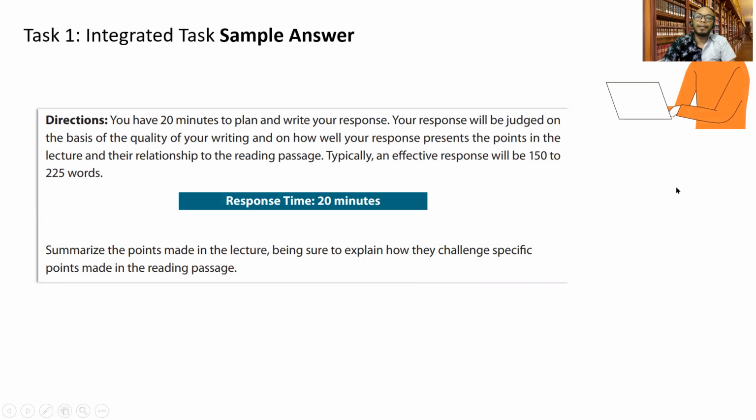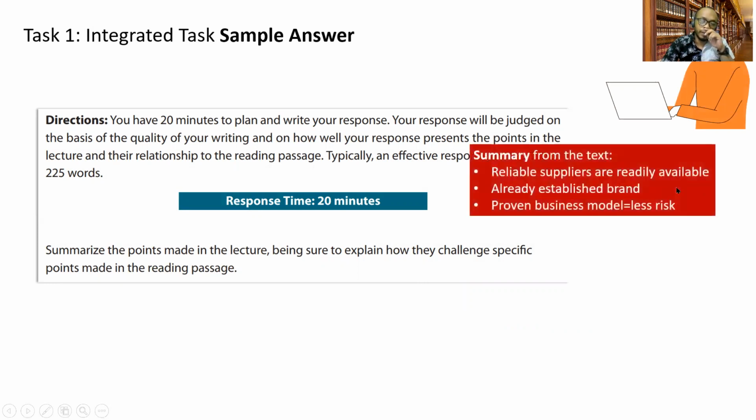So don't forget the strategies that first you need to make sure you are prepared to summarize the passage in the beginning of your essay. And if you remember the short passage well, there are 3 key points that you can take.